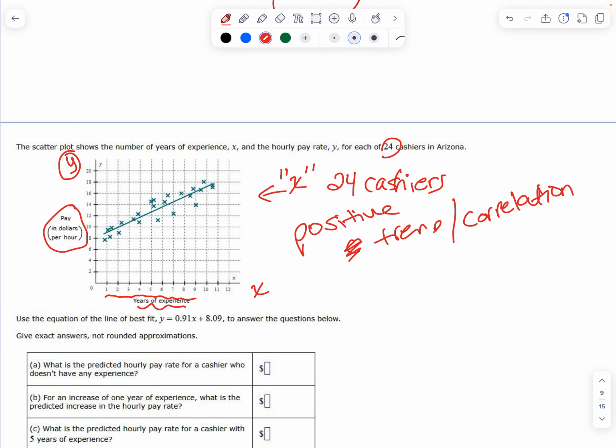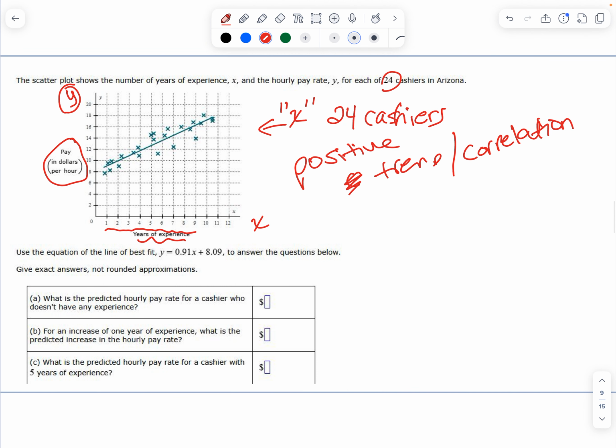So we're going to answer these three questions. They had a computer simulator create what's called a linear regression line, or the equation of the line of best fit. So this is the equation we're going to be using, and that equation goes with this trend line here, right?